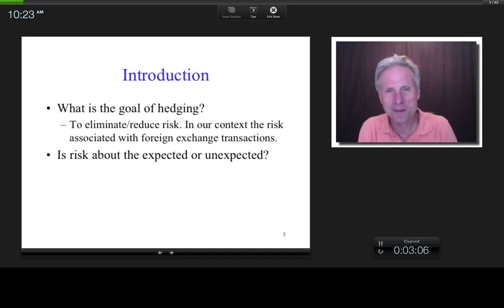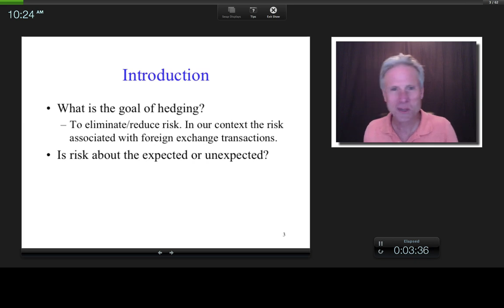In the same way that the market says, hey, Apple stock is worth $550 a share today, which is based on its expectations of both cash flows and the risk inherent in those cash flows, the market also has expectations of what an exchange rate is going to be, say 3 months down the road. And so when it comes to hedging, I'll give you an example.